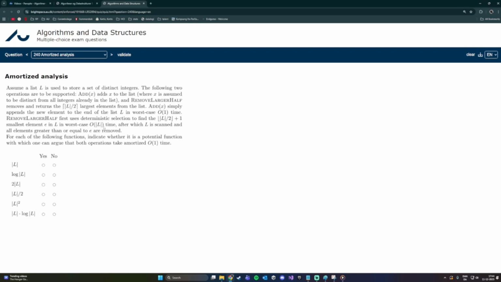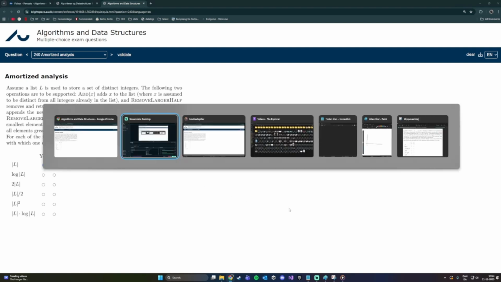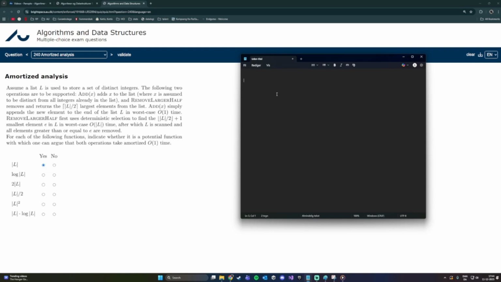So we might think, okay, we want to always have this amount saved up so that we can always pay for this expensive operation, because this is one of the cases where we always have to have enough saved up for the expensive operation. If we think about the bank, we can imagine that I have L saved up, and after the operation I would have 0 saved up, and that might be a problem.